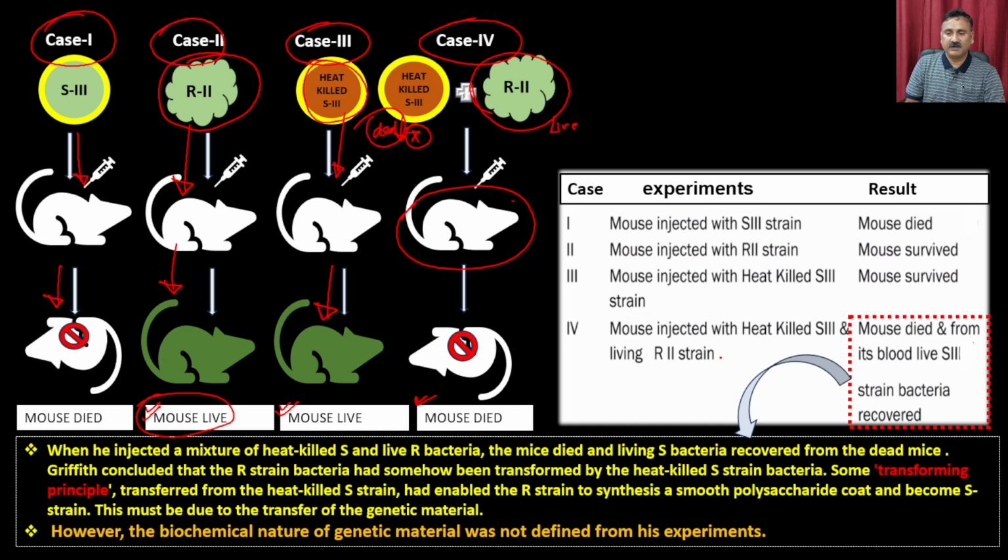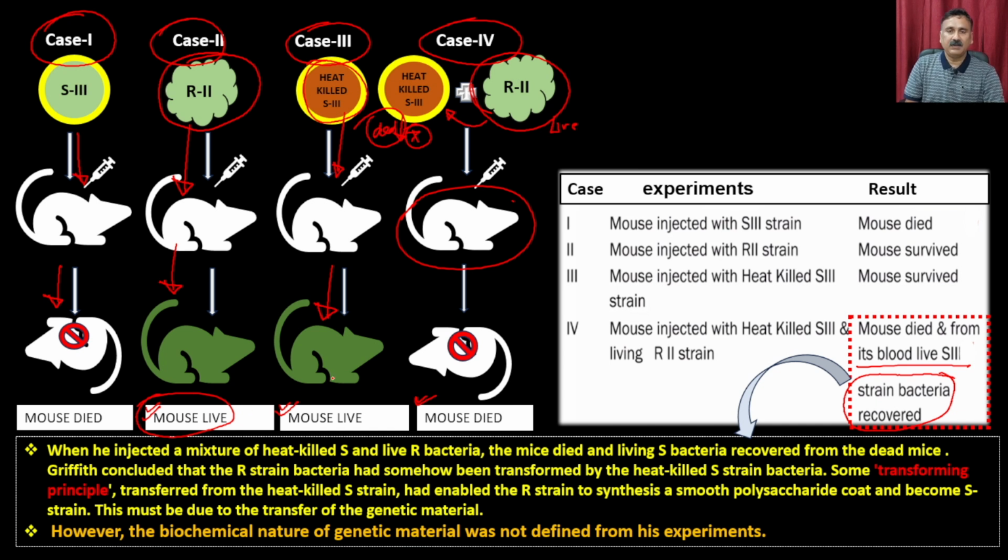So these are the 4 different types of conditions. And then he isolated the blood from case number 4, and he found that there was no R bacteria present. It was all the S type of bacteria that was isolated. So all the R type of bacteria had been converted into the S type bacteria in case 4.